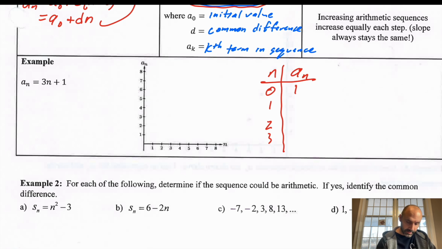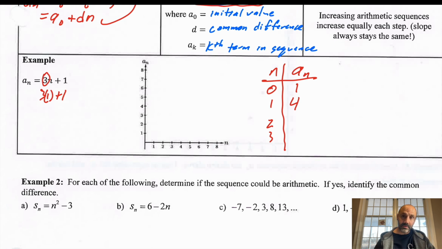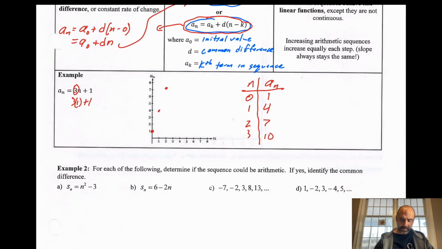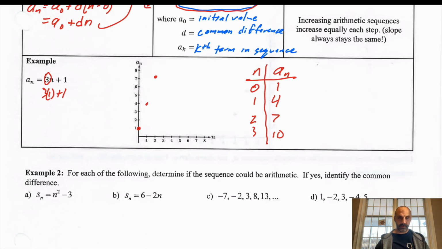If we plug 1 in, 3 times 1 plus 1, we end up with 4. From the formula, the common difference here is 3, and that's how it's playing out. So we get 7 and 10, etc. Now we plot this. These are only points, so we get points and nothing connecting them. That's what the graph would look like.